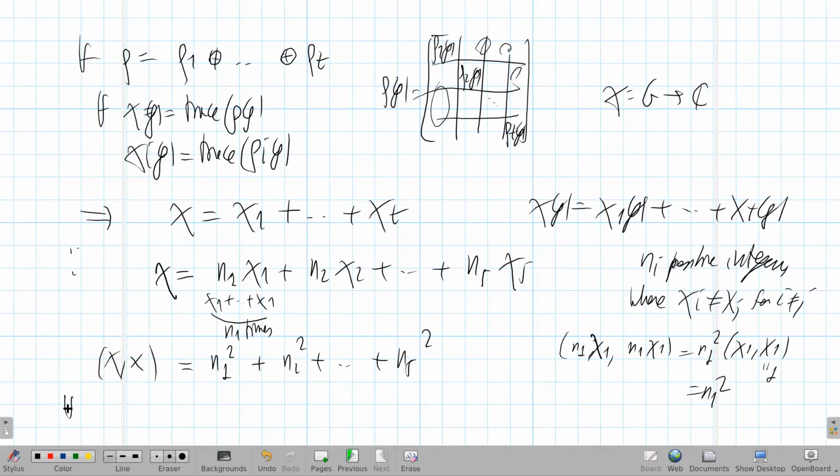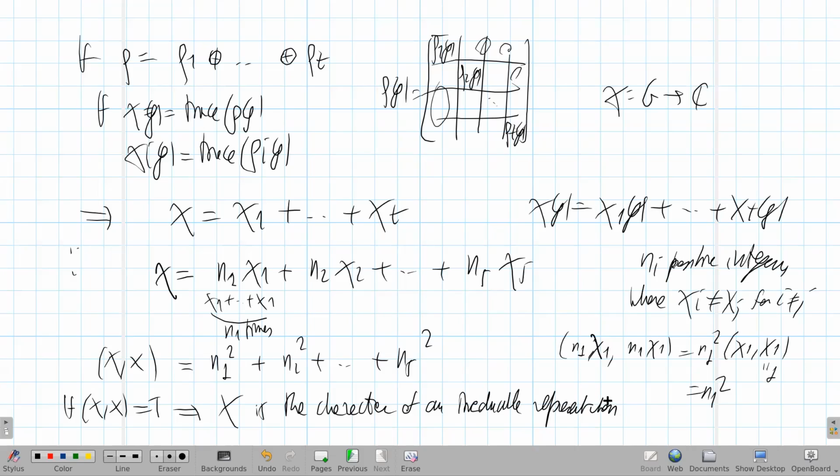Conversely, if this is 1, then chi is the character of an irreducible representation. I should have said here where the chi are characters of irreducible representations.